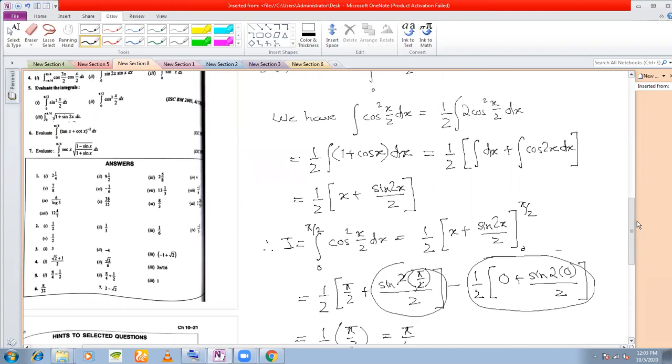We'll do another one again from your examination. This is tan x plus cot x to the power of minus 2.